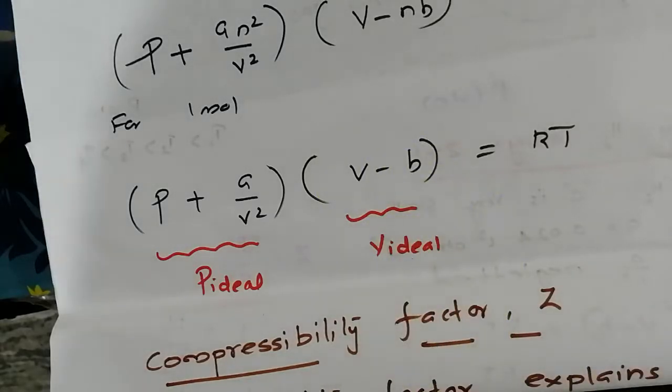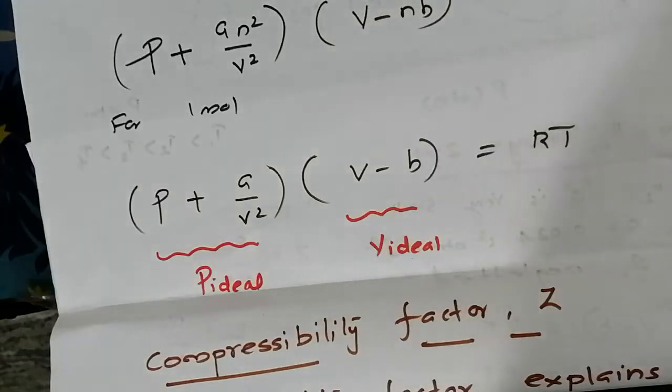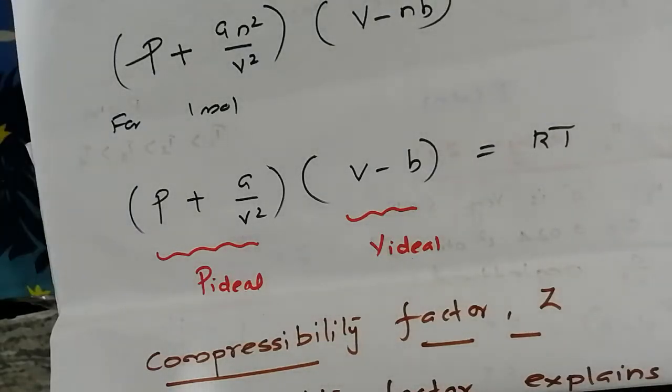V minus b is the volume available for the gas molecules, excluding the actual volume of the gas molecules. V minus b is the actual freely available volume for the movement of gas molecules. Once again, V minus b is the actual free amount of volume for the free movement of gas molecules.